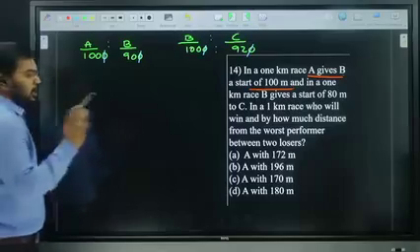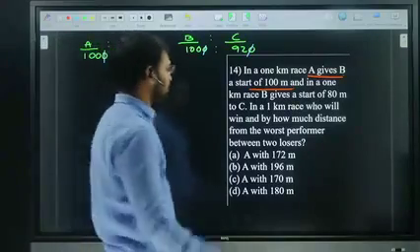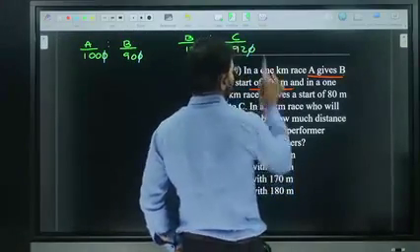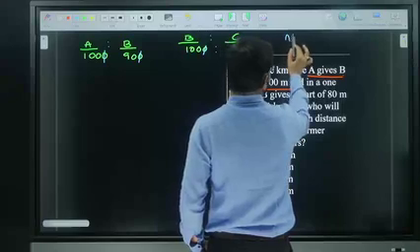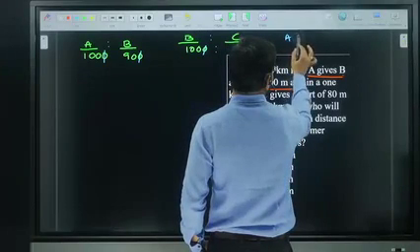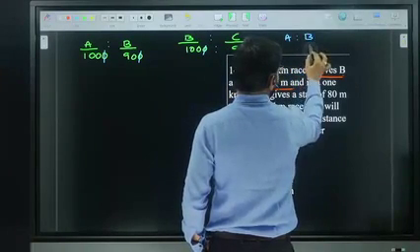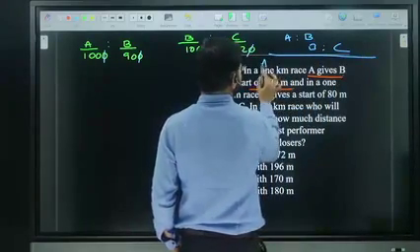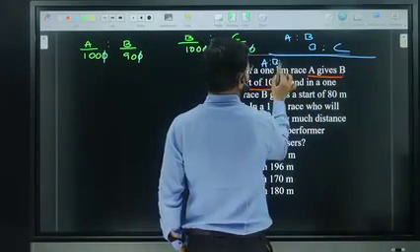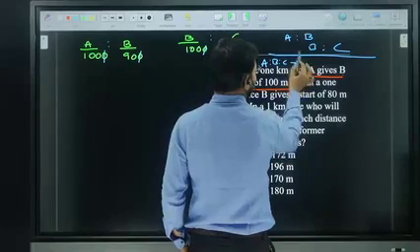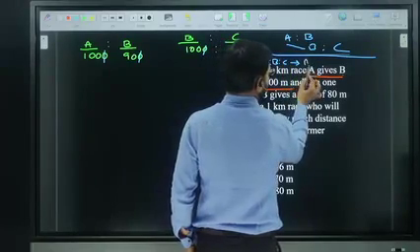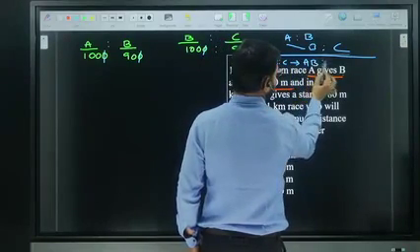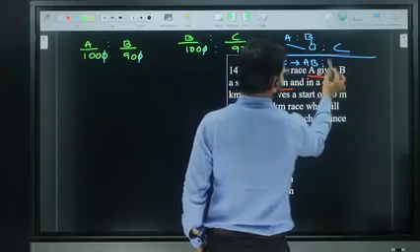In ratio and proportion, there is one statement. If you know A is to B, and you know B is to C, in order to get A is to B is to C, what do I take? For the first one, I multiply these two, AB. For the second, I take these two, B square.